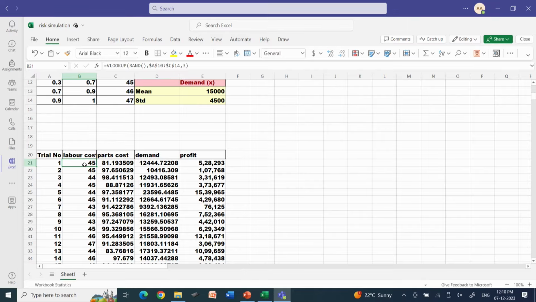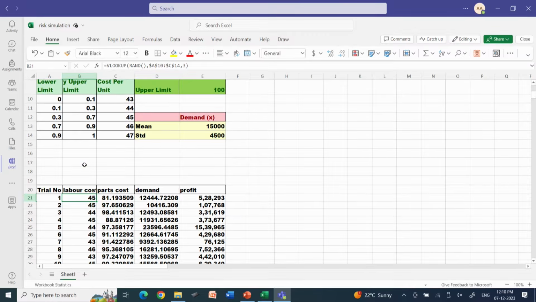So, the first one is labor cost. Here, for the labor cost I am going to use a VLOOKUP function. So, equal to VLOOKUP, then RAND, then we have to select that table, that is from A10 to C14, then comma 3, that is the value in the third column will be chosen. How is this VLOOKUP function working? The randomly generated number is traced in the probability table.